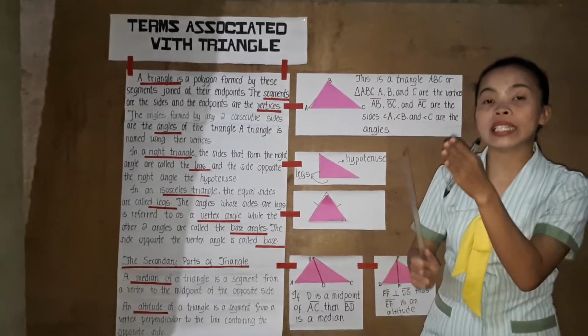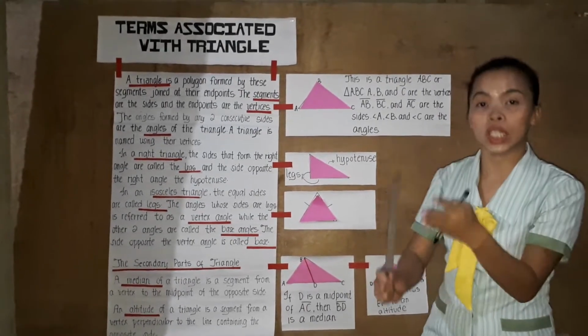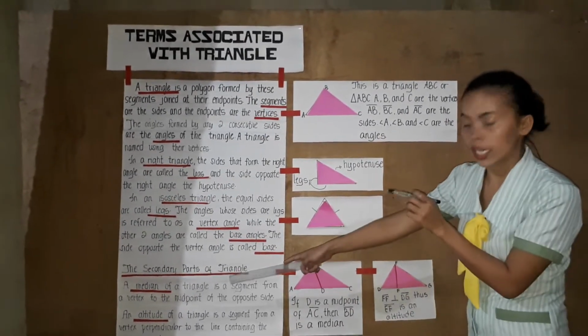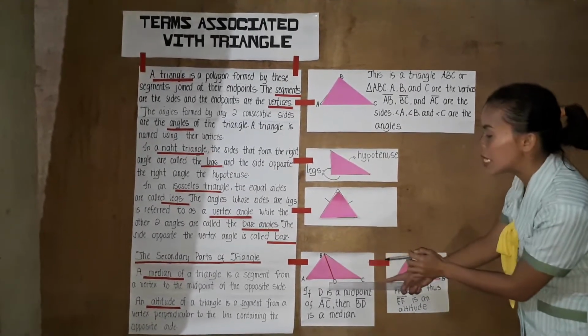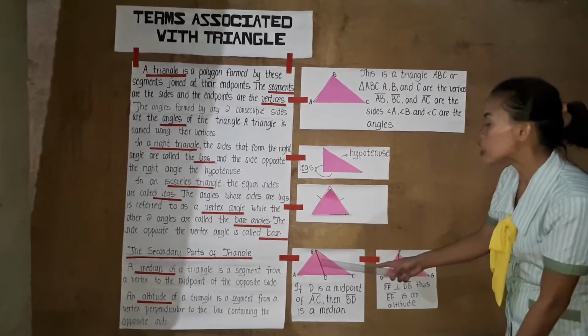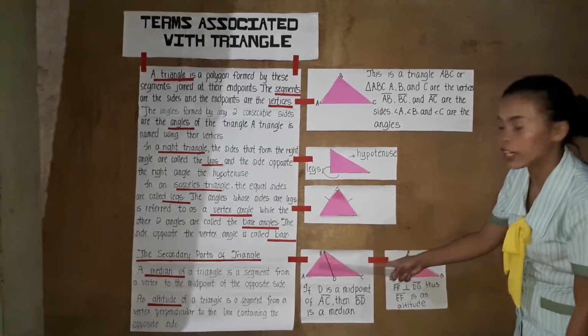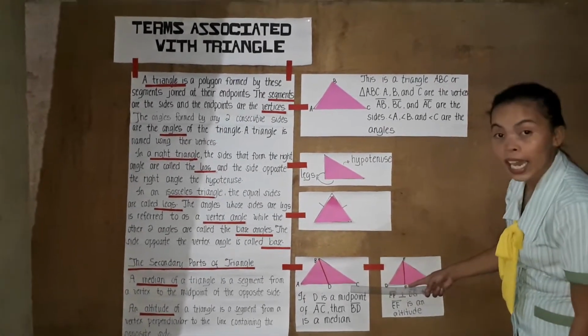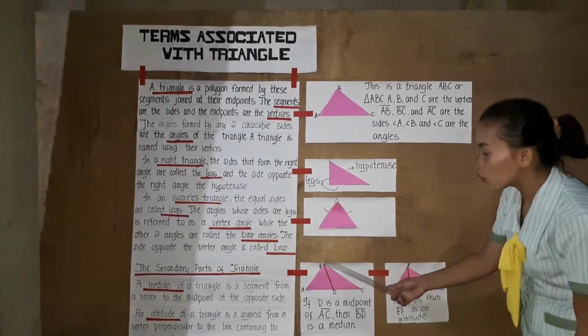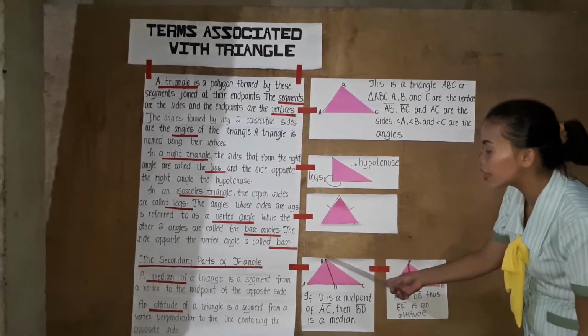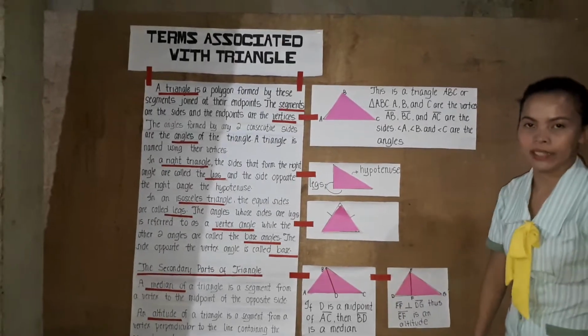From the word itself, median, that is middle. The opposite side of our vertex B here is side AC. If side AC has midpoint D, and we form a segment BD, then we call it a median.